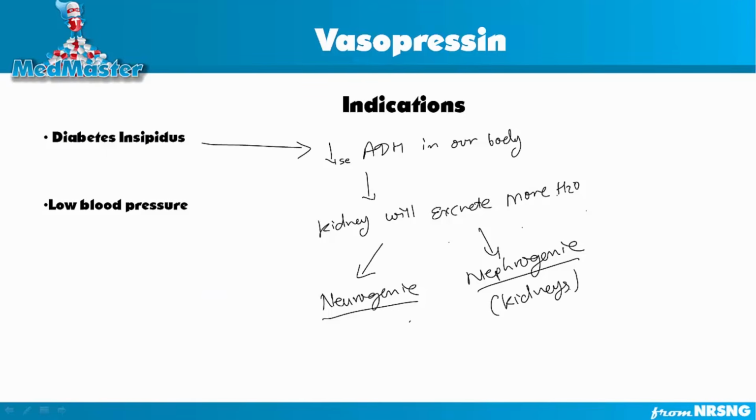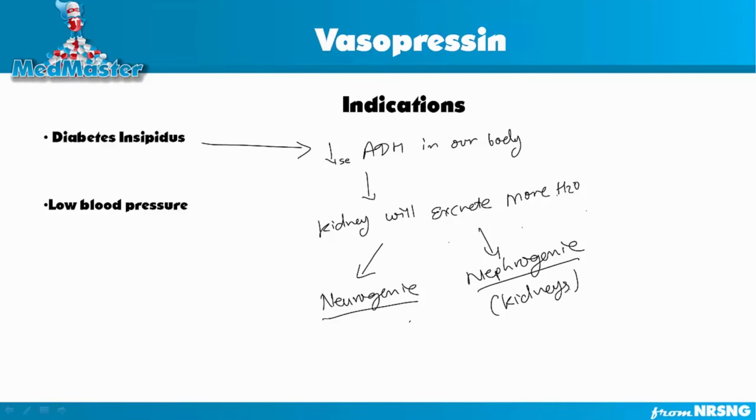So even though they have enough ADH in their body, their kidneys won't react to it, because of a certain reason, which could be damage or trauma to the kidneys, or structural changes in the kidneys as well. Because of that, the kidneys lose more and more water and won't be able to reabsorb that water from the collecting ducts.